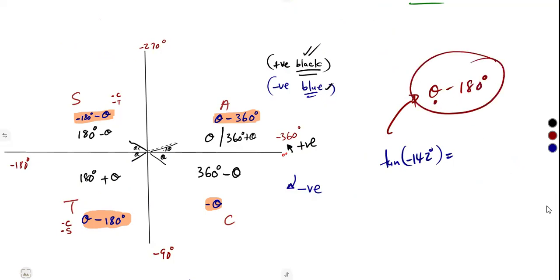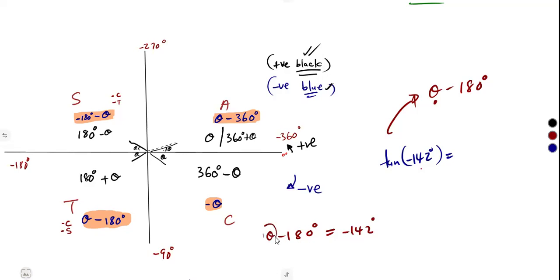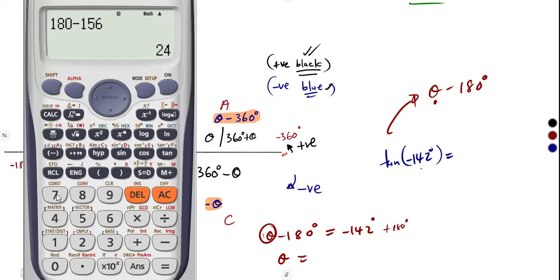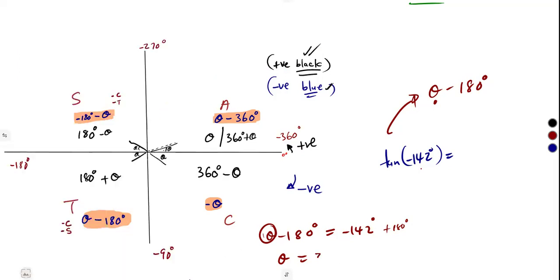So what is the theta? We just equate, guys. Theta minus 180 is equal to minus 142. So our theta is equal to minus 142 plus 180, moving the minus 180 to the other side as a positive. That's 38 degrees.